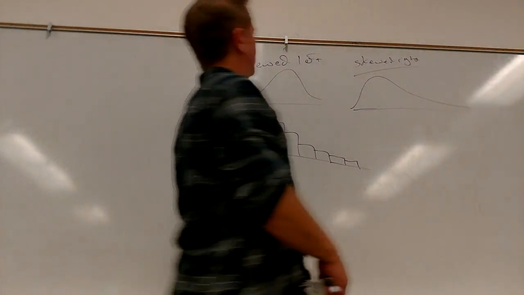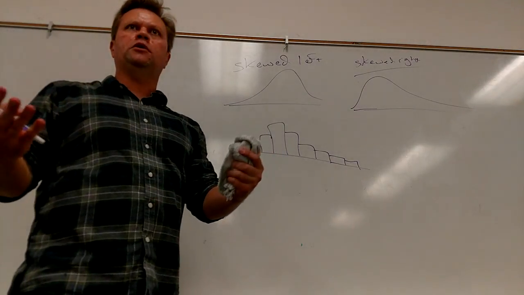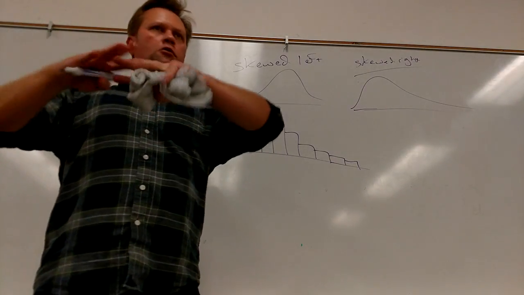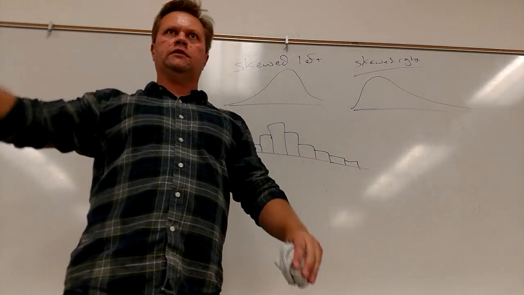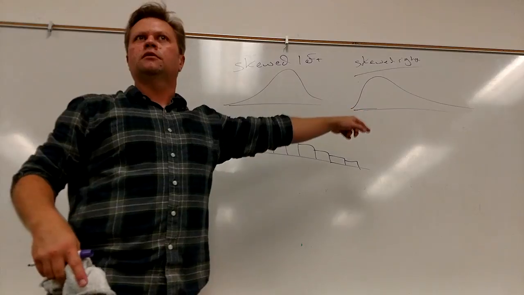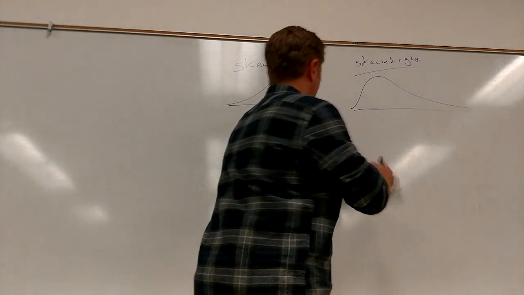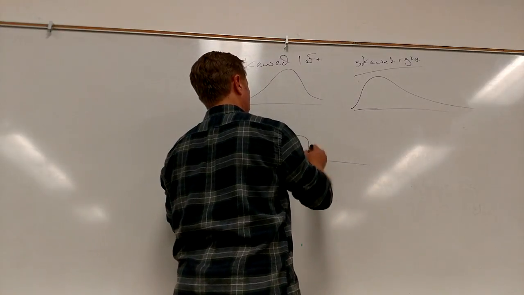All right. And let me see, what else is in there? There's symmetric. I mean, the uniform distribution is uniform. The normal distribution is symmetric. It looks the same on the left and the right. So these are obviously not symmetric. These are off from symmetry somehow. So would you say that this is symmetric?